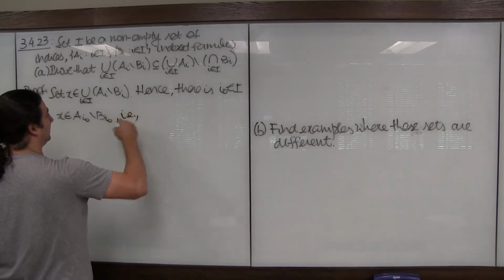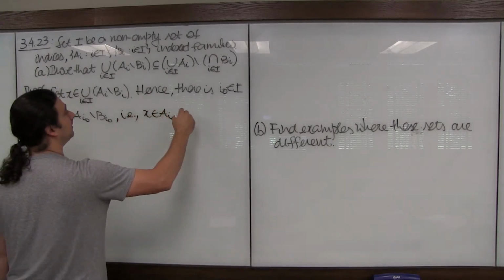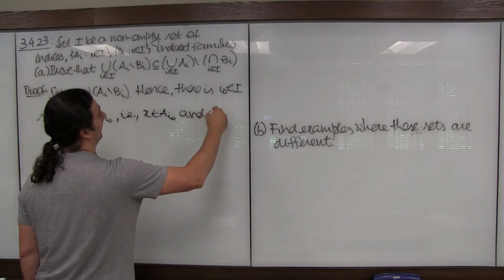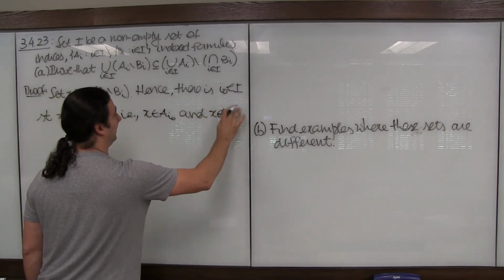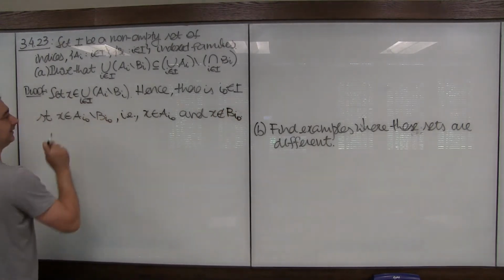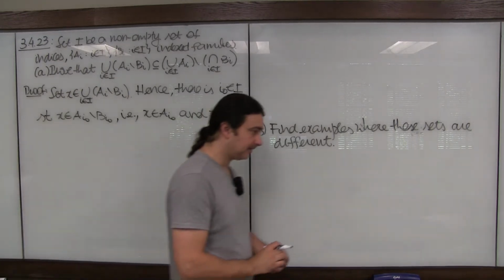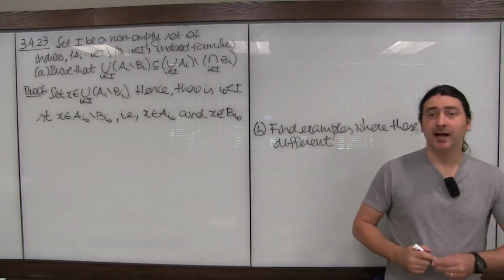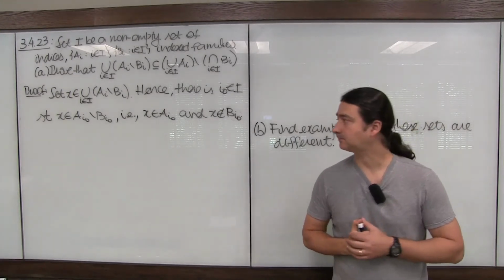In other words, x belongs to A sub I0 and x does not belong to B sub I0, by definition of differences. Okay? So far, I haven't really thought about the problem, just followed the usual steps.